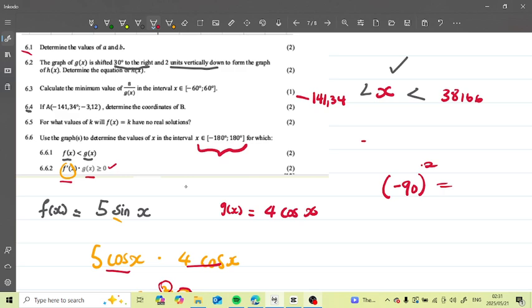So to represent those values of x, I'm just going to say x from negative 180 to positive 180, because y, as mentioned, always gives positive values whenever we have a squared.